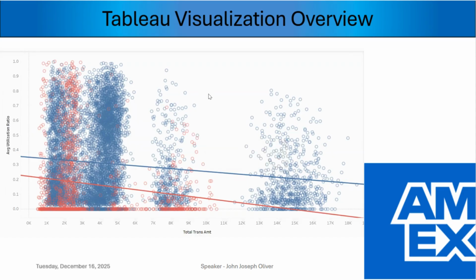As you can see from the visual, the existing customers, or blue dots, have a higher utilization ratio and are spread out throughout the whole graph. The attrited customers, or red dots, hover over the left side, on the lower end of the plot, and have a lower utilization ratio. This overall suggests struggling customers are reducing activity before leaving entirely.